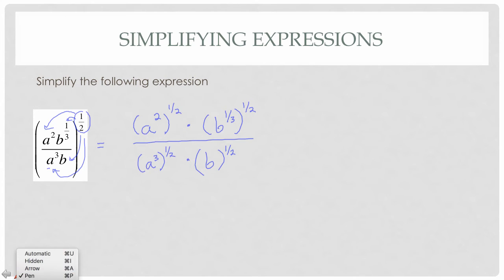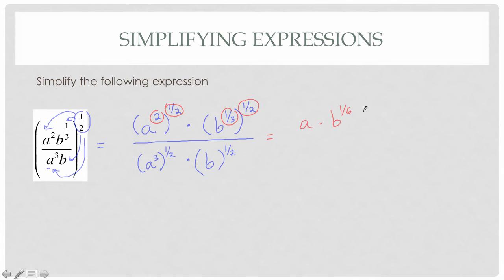All right, now let's simplify individually some of these exponents here. So a squared to the 1/2 power, power of a power rule, I can multiply those together. 2 times 1/2 is just going to be 1, so I end up with a to the first power, just a. For this one, b to the 1/3 times 1/2, if I multiply those, I get b to the 1/6 power.